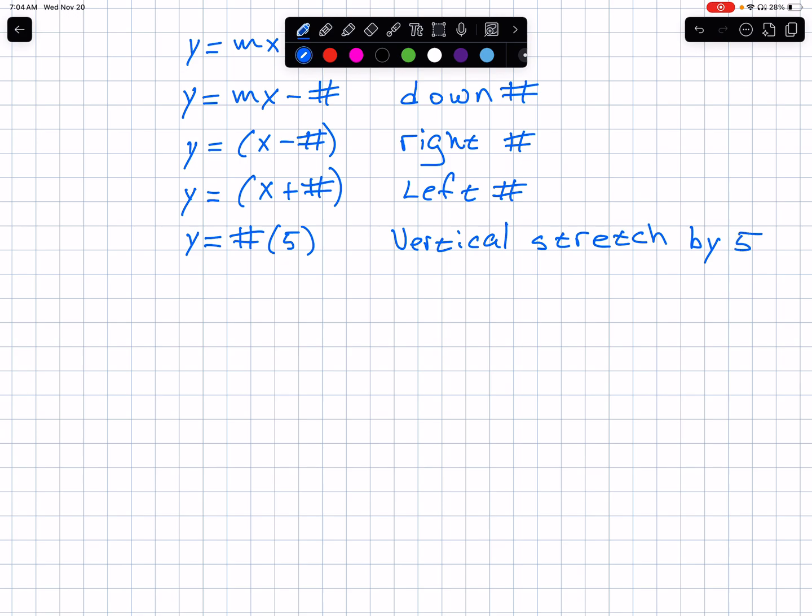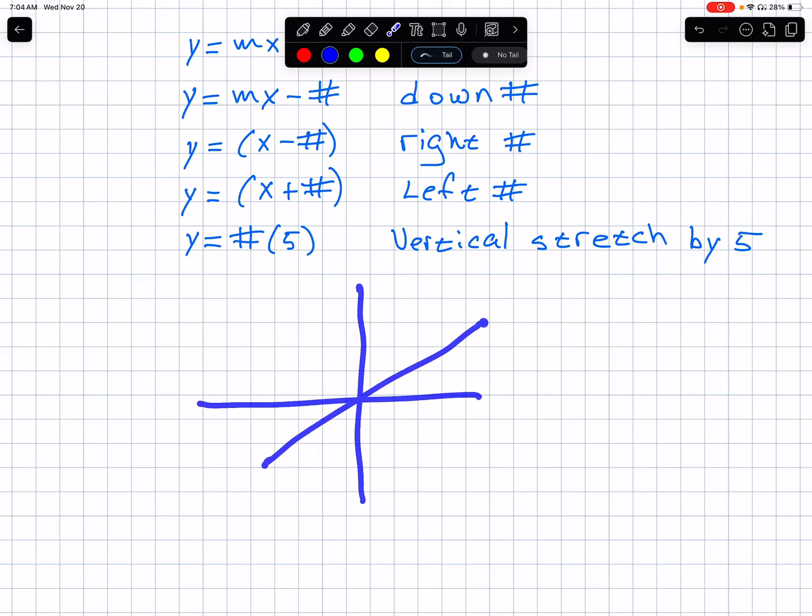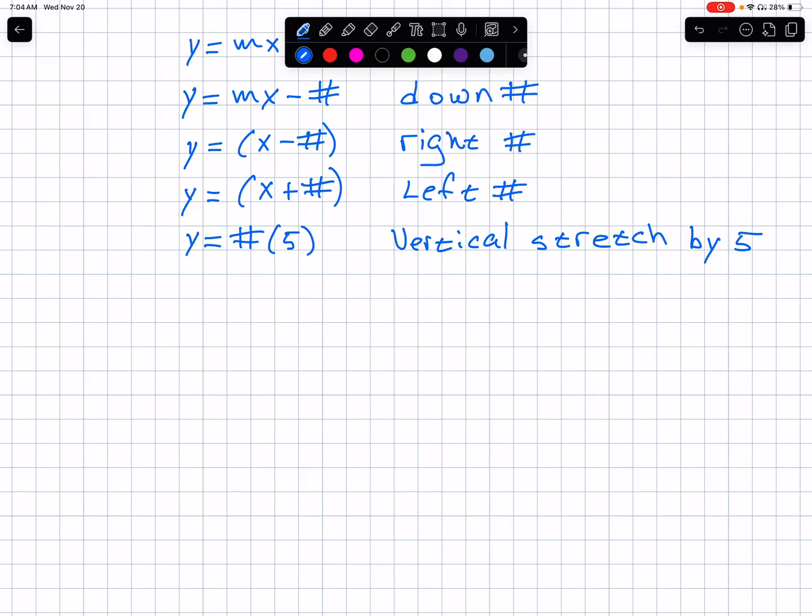The y values will be multiplied by 5, which makes the graph much steeper, right? If we had a regular old coordinate plane and our y equals x function looks like that, then this graph is going to be way steeper because the y values as we go up here are being multiplied by 5 units, which makes it go up much faster.